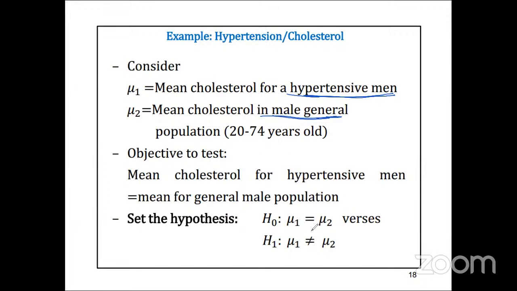But what I'm setting in the null hypothesis is that the mean cholesterol for hypertensive males is the same as the mean cholesterol for the general male population, while in the alternative hypothesis I am including not equal to, that the two means are not equal. So what is my aim in all these examples? Whenever you go for your own research, your situation will be different, but you must be able to define a proper null hypothesis and a proper alternative hypothesis, and that's why you should go through a variety of examples, then you'll understand it.